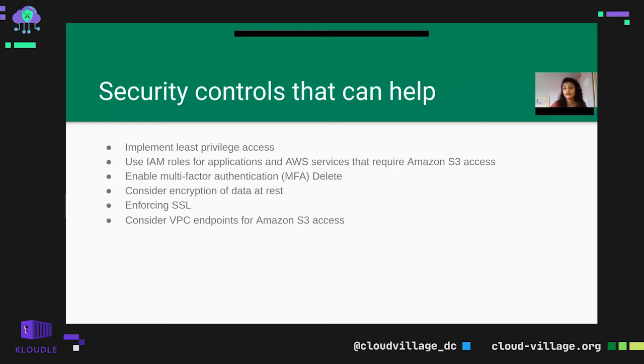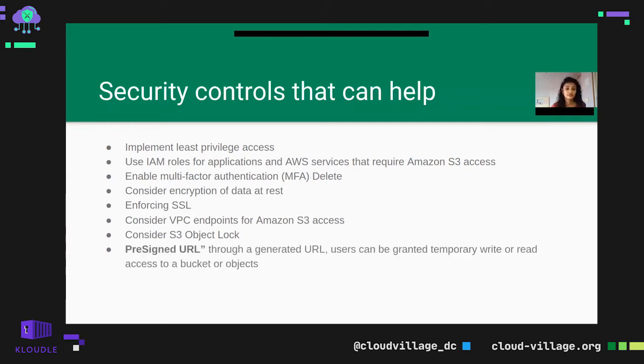As I mentioned, the S3 bucket can have sensitive information, it can have CloudTrail logs as well. Consider S3 Object Lock, so it prevents object data present in S3 from being deleted. A pre-signed URL you can assign to an authenticated user, so only the user having the pre-signed URL can access this S3 bucket.